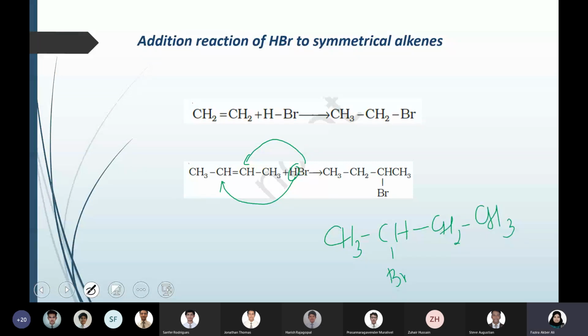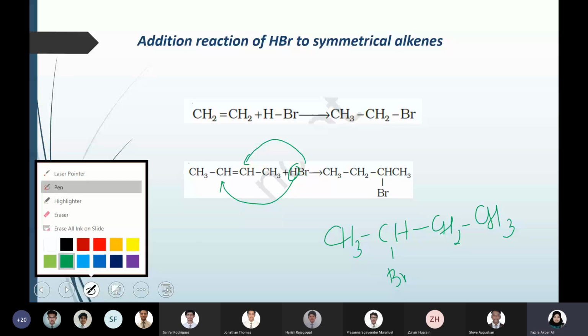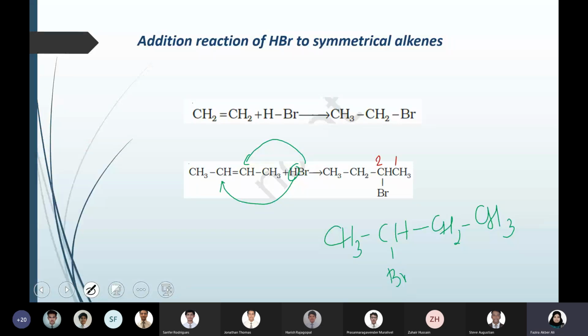The other way also you are getting the same product, because if you name them, it will be 1, 2, 3, 4, 2-bromobutane. Here also you are getting 2-bromobutane.